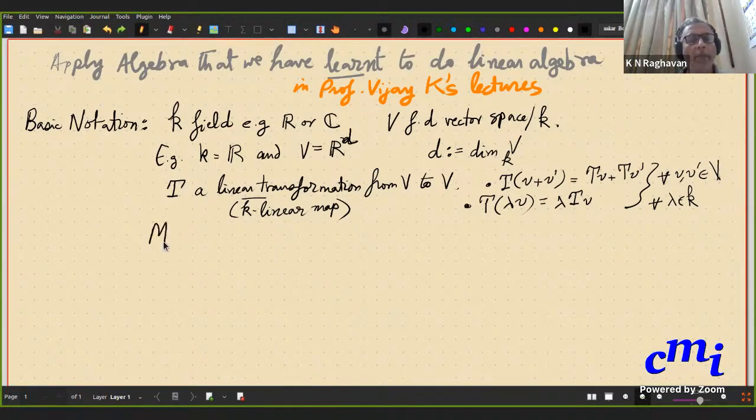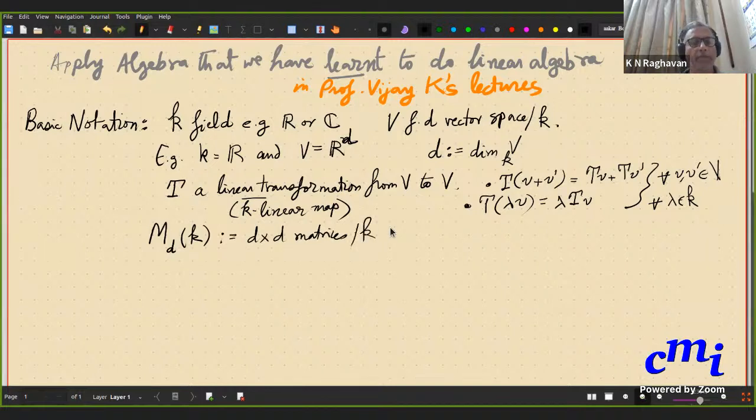By M_d(K), I mean d cross d matrices with entries in K. Now, as you know, this is a ring with identity.